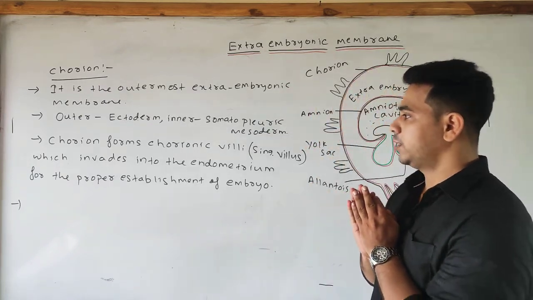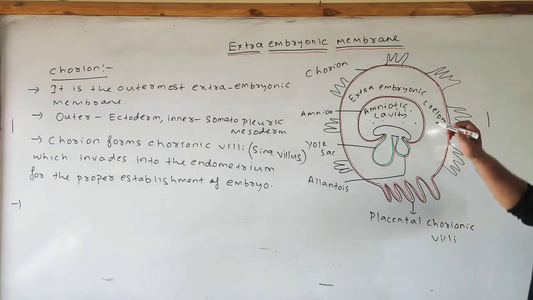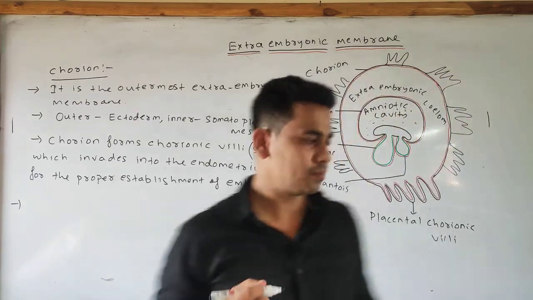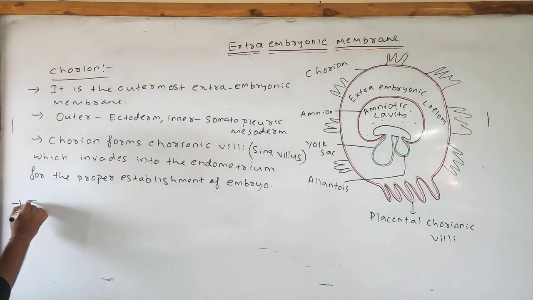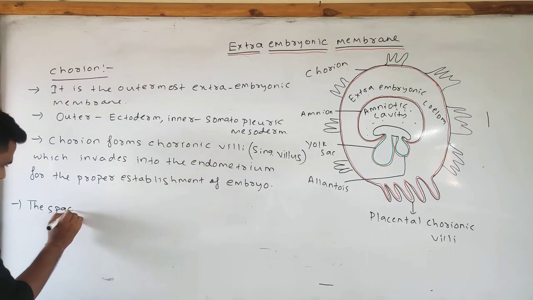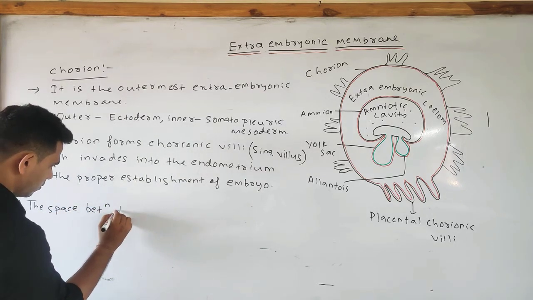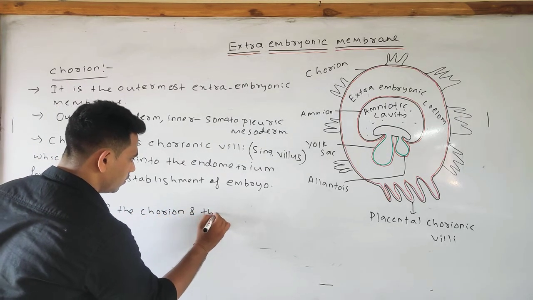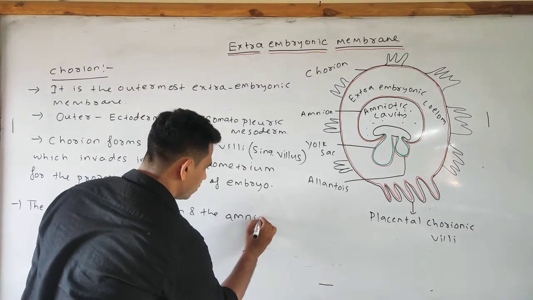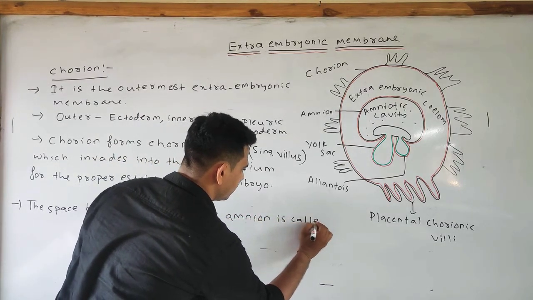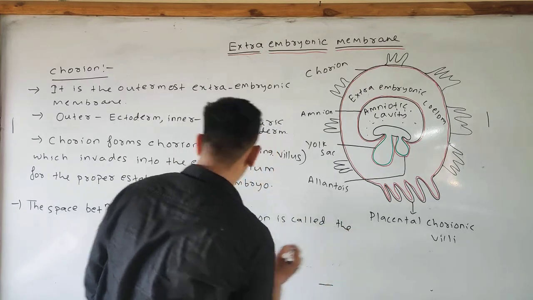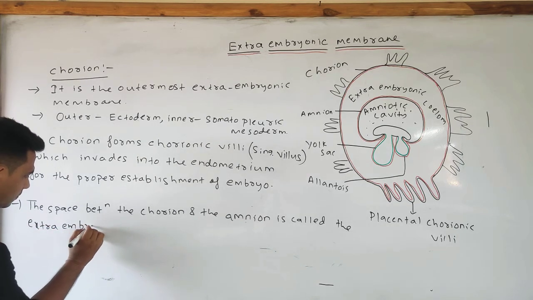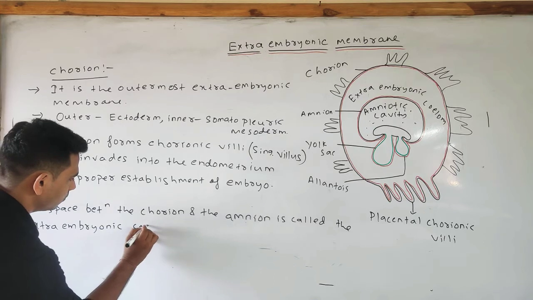Okay. Last point, the cavity or the space. The space in between the chorion and the amnion is called the extra embryonic coelom.